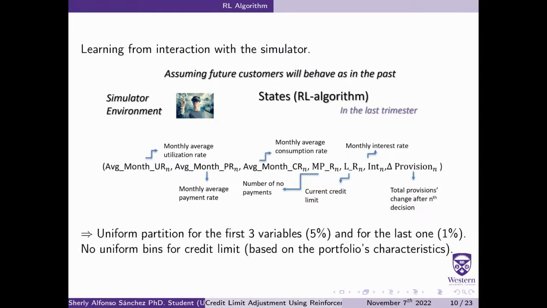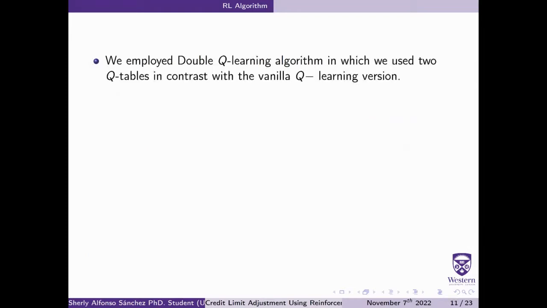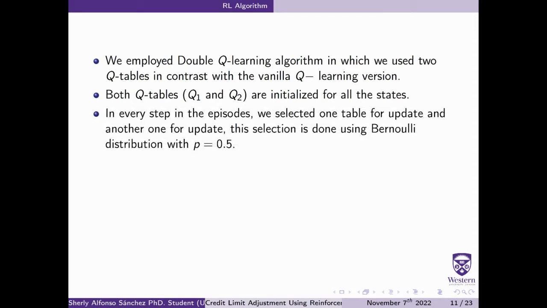So after defining these variables, we perform certain discretization, and we employ the double Q learning algorithm to learn this policy. We employ this in contrast with the vanilla Q learning because of the maximization bias that is well known with the vanilla version. In this case, we are going to produce 2 tables, and in every step, we are going to update one of them.